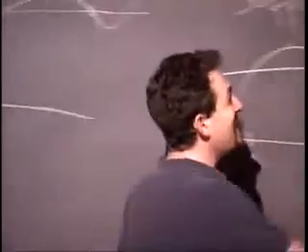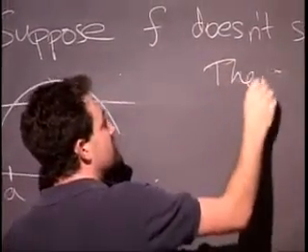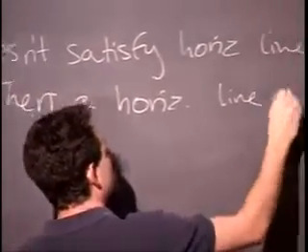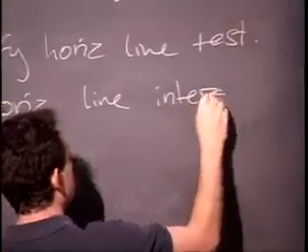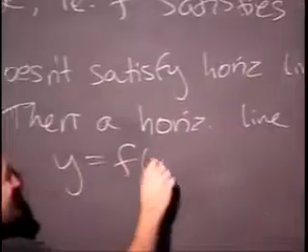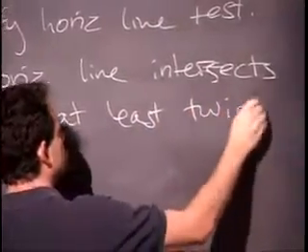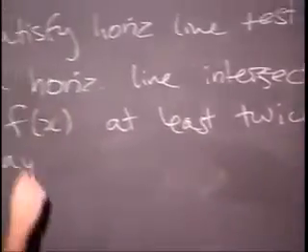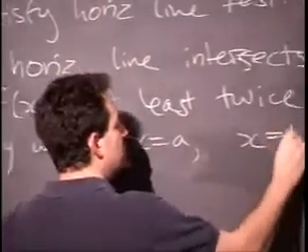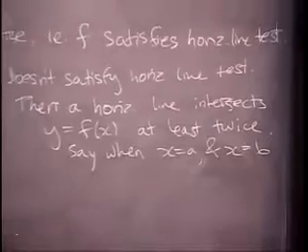So let's say then a horizontal line intersects the curve y equals f of x at least twice, say when x equals a and x equals b. So on this picture, I have shown a horizontal line.